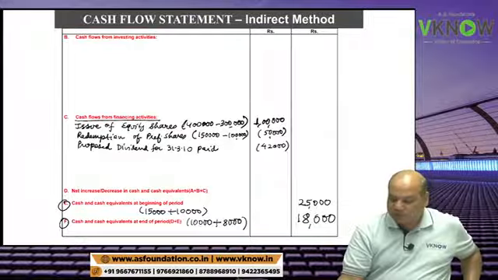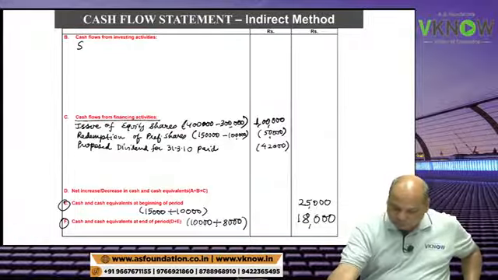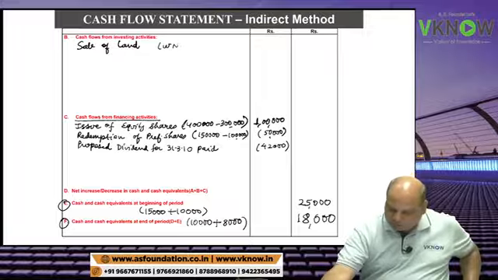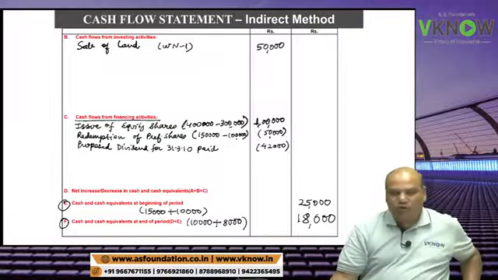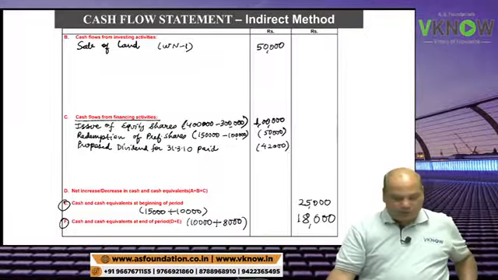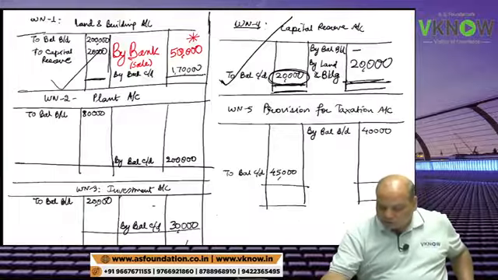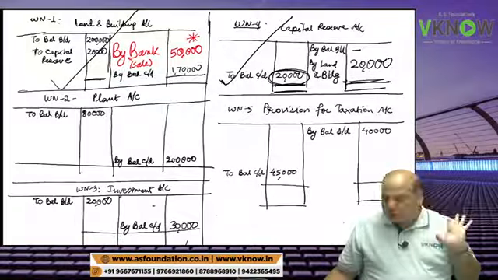Point number B, investing activity on the screen. Sale of land in bracket working note 1. If somebody wants to check how it has come later on, you can refer working note 1, 50,000. So let us see whether land account is telling. Yes. Tick mark. 2 accounts we have closed.